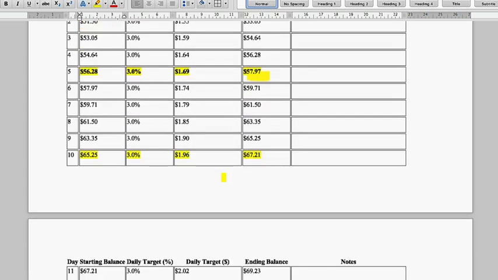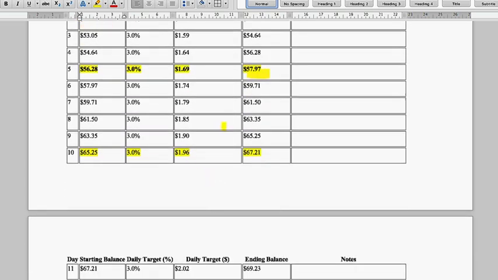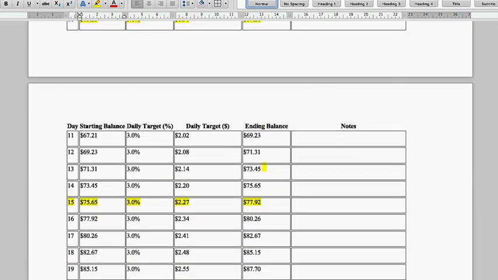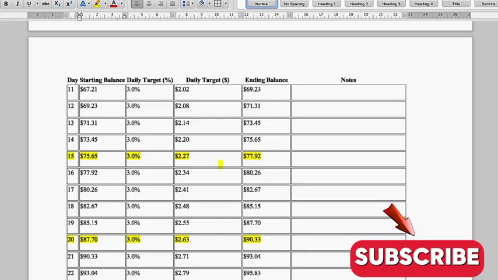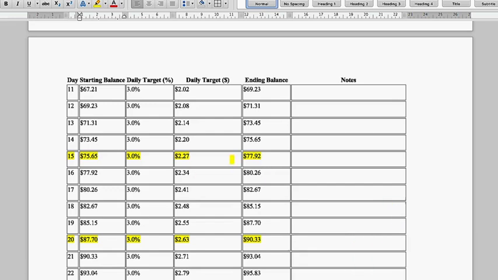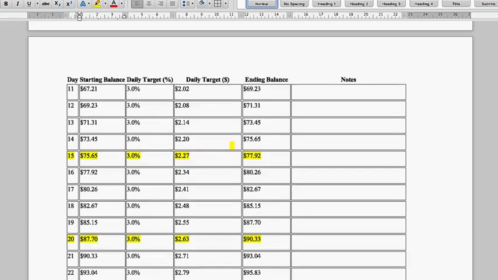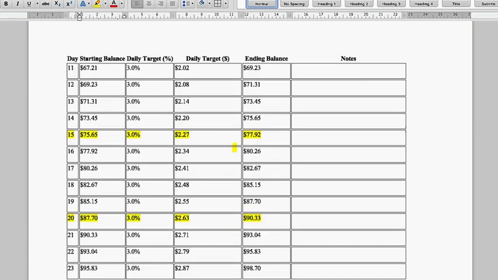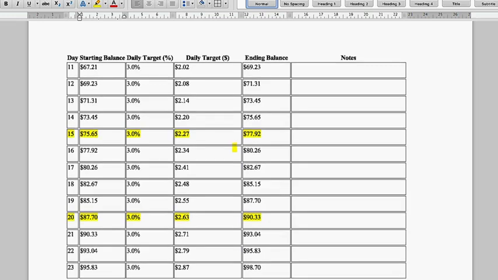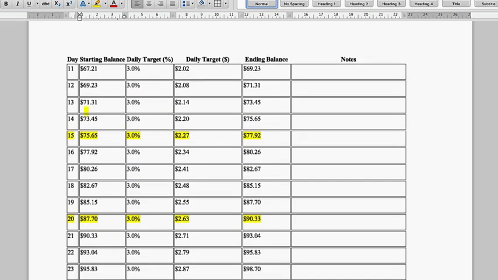So when you go to week 1, week 2, you see that in week 2 you must have grown the account over 10%, and you'll be on 67.21. Going on further, in week 3, that's when I expect you to start increasing your lot size, because from week 3 you have around a 67.21 balance.